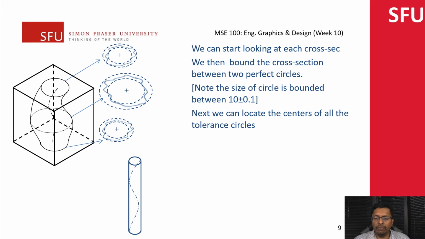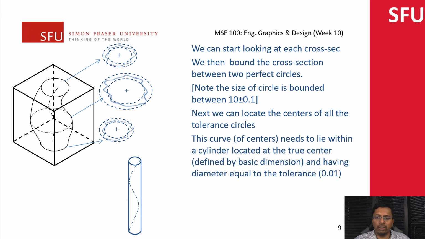Then we're specifying some tolerance on this curve of the centers. Based on what we've done, we're saying that all of the centers need to lie within a cylinder of diameter 0.01, or if you specify 0.05, it will be 0.05.